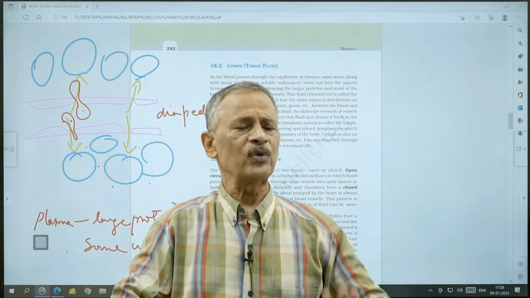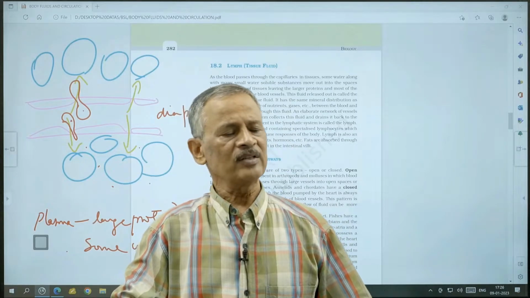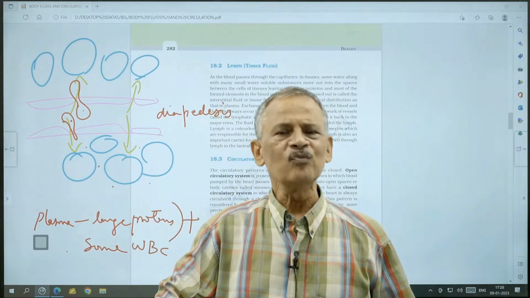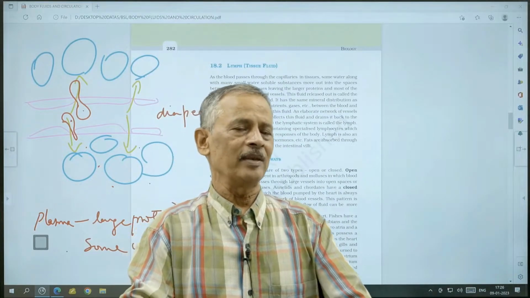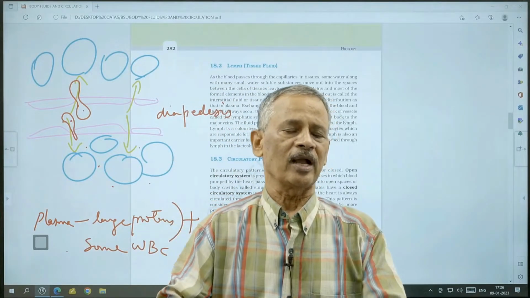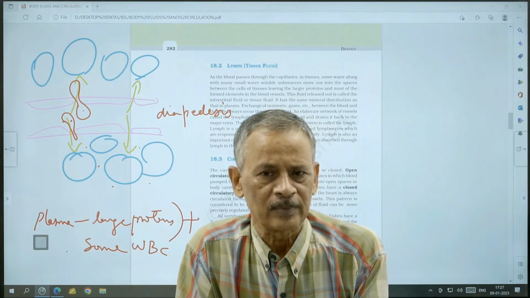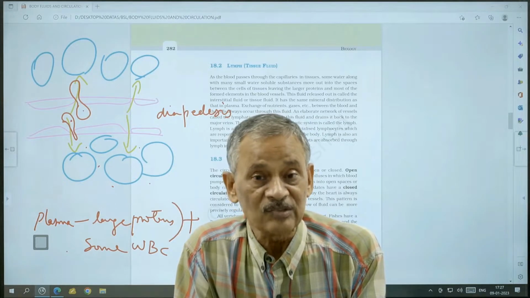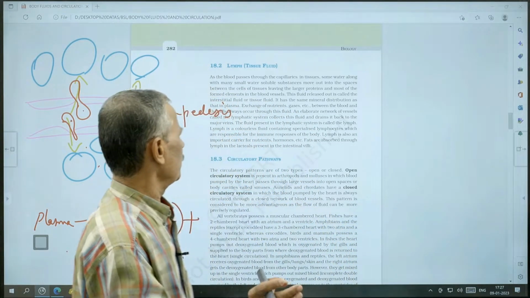What are lymph nodules? Swellings present in lymph vessels. They are the site where lymphocytes multiply, and they play an important role in protecting our body from infections. These lymph glands are important immunological organs in our body.